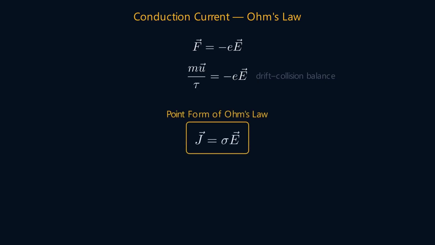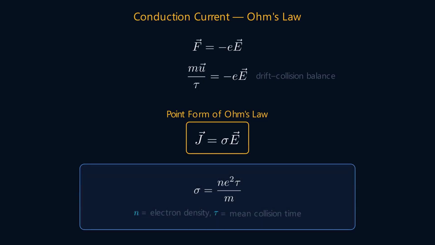Second, conduction current. This occurs in conductors. When an electric field E is applied, the free electrons drift with an average velocity proportional to E. The force on an electron is F equals minus eE. Balancing drift against collisions gives J equals sigma E. This is the point form of Ohm's law.